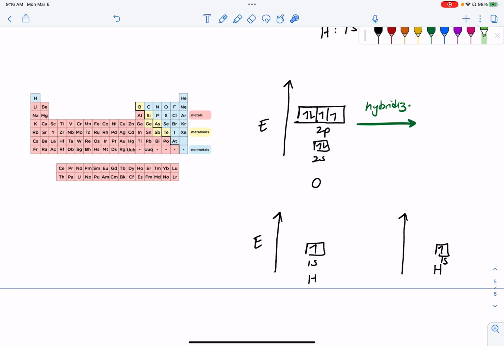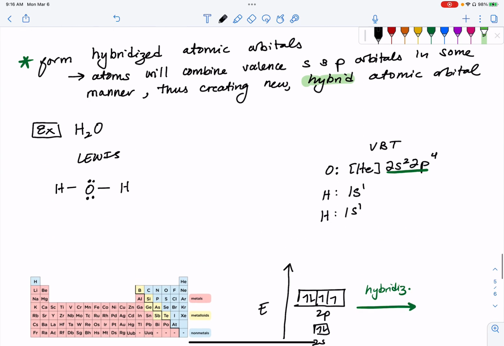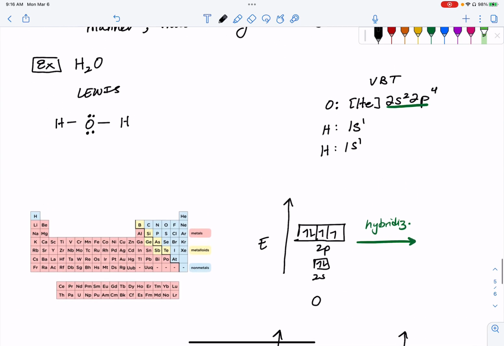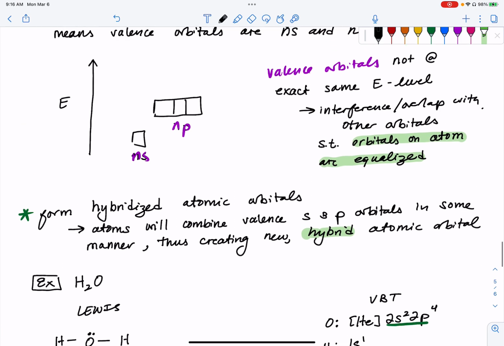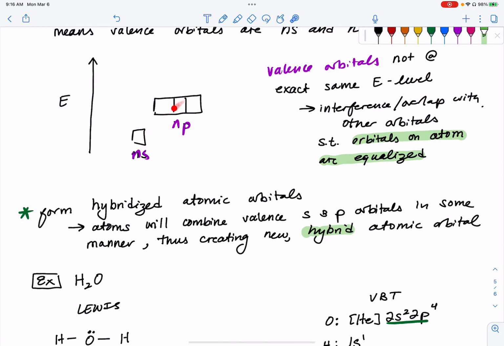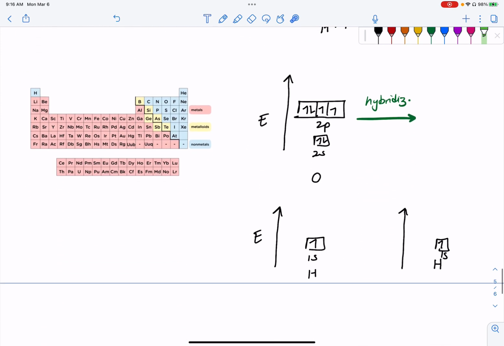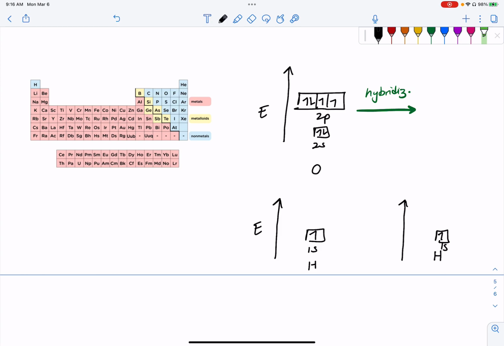If I take my 2s and add it with my 2px, 2py, 2pz, that is 1 orbital, 2 orbitals, 3, 4 orbitals. I'm going to make 4 new hybridized orbitals. Again, the whole point of these hybridized orbitals is to bring the ns and the np to some equalized energy state.